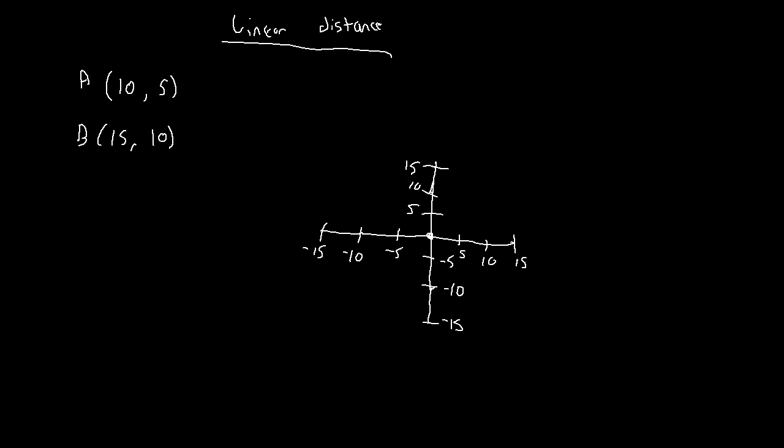Let's go ahead and plot these two points. We'll plot A as red, so 10 on the x, 5 on the y, plots A there. B we'll plot in blue, 15 on the x, 10 on the y, we'll plot that there.